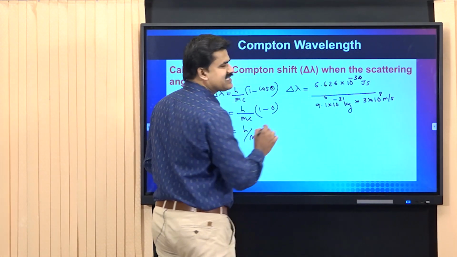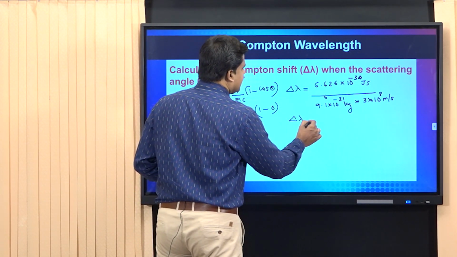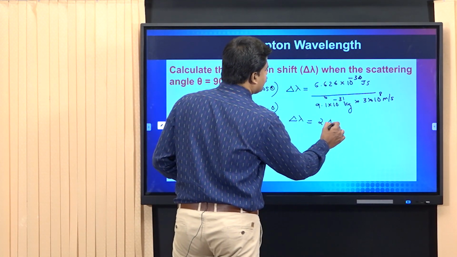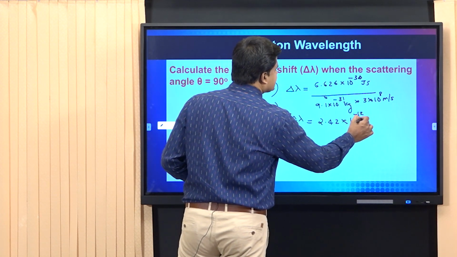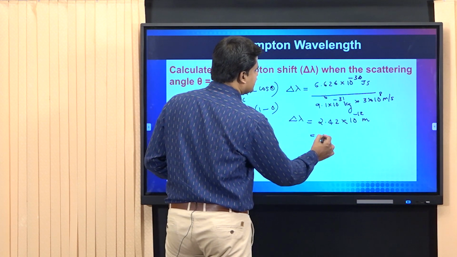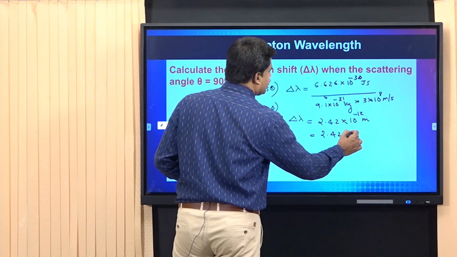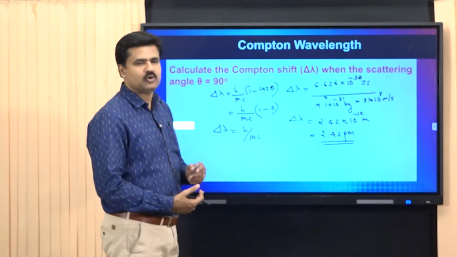On suitable simplification, we will get delta lambda equal to 2.42 into 10 raised to minus 12 meter. That is, the wavelength shift is 2.42 picometer. This is another important observation.